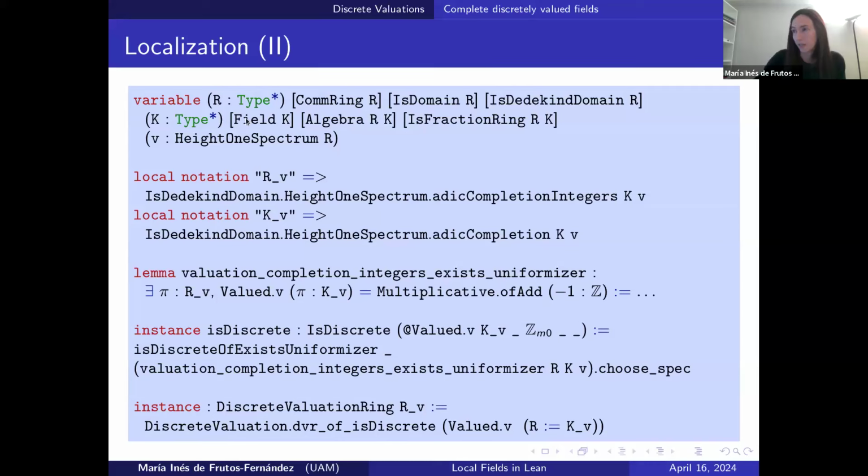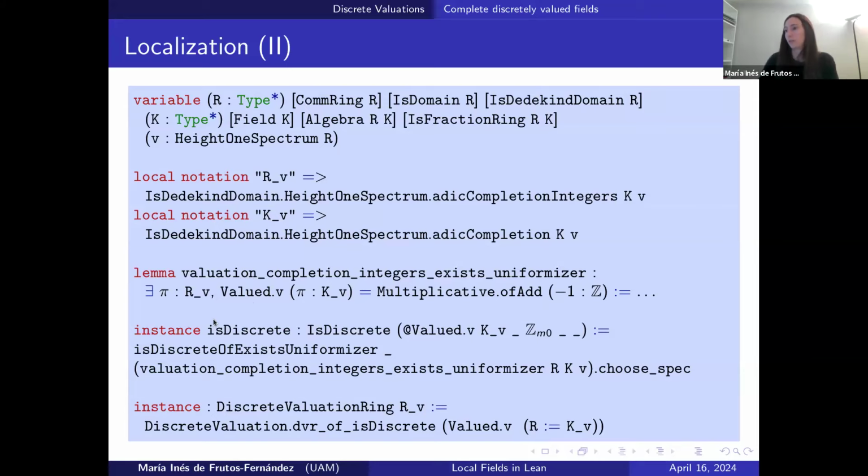K is a field, which is an algebra over R, and I am assuming that K is isomorphic to the fraction field of R. And then V has type height 1 spectrum of R, so this is saying that V is a maximal ideal of R. And then I set up some local notation: RV is going to be the integers of the V-adic completion of K, and KV is going to be the V-adic completion of K.